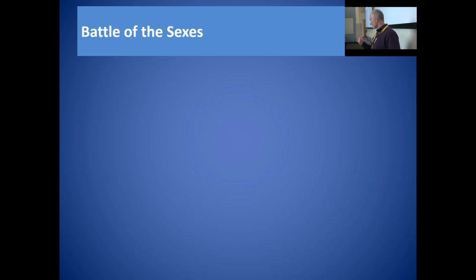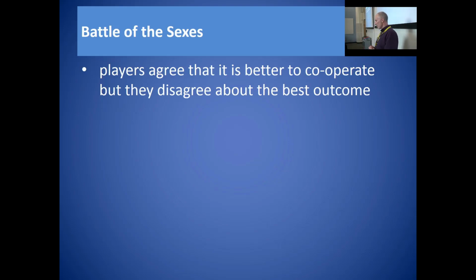However, in the Battle of the Sexes, the players disagree over the best form that cooperation should take. It relates back to its original exposition in the 1950s. And when I explain the game in a few moments, that will become obvious.